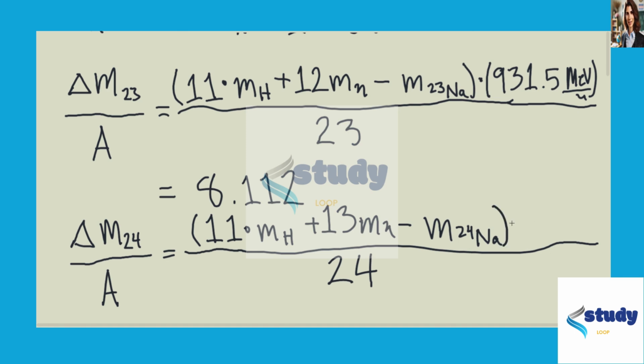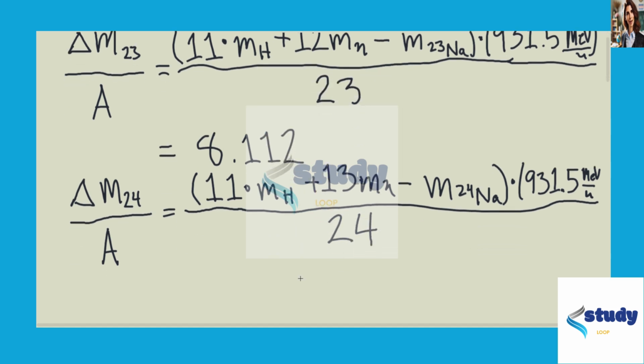There we go. Times our conversion factor to electron volts. Recall that each of these we wrote down in terms of atomic mass units, 931.5 MeV over U.